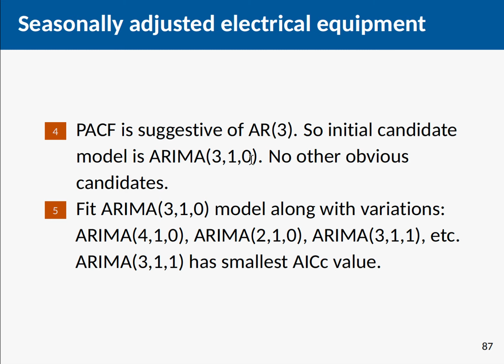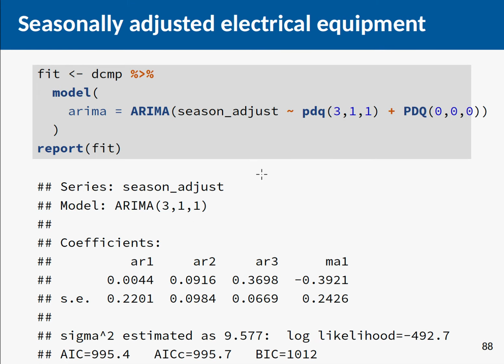So the candidate is going to be (3,1,0) if you were differencing it once, okay, and no other obvious candidate. So you want to fit some models that are close to the (3,1,0) model and see what you get, okay.